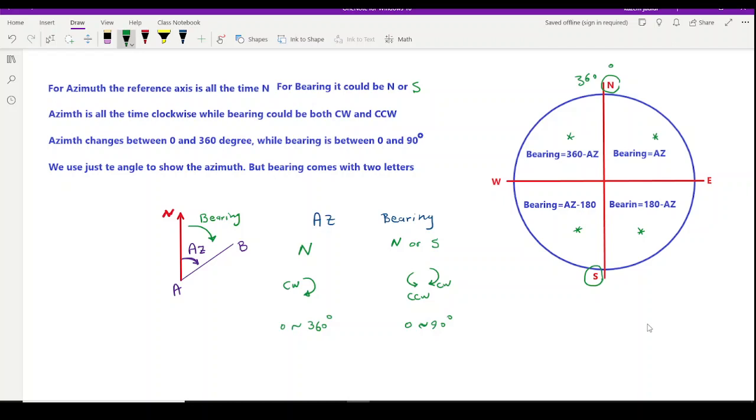And the last difference between the two is, in order to show azimuth, we just use the angle and show it. I'm going to use in this tutorial just 30 degrees for most of the angles that I will show as examples. So 30 degrees as azimuth. But for bearing, we will use two letters also. One will come in the front, or in the beginning, which is the reference axis.